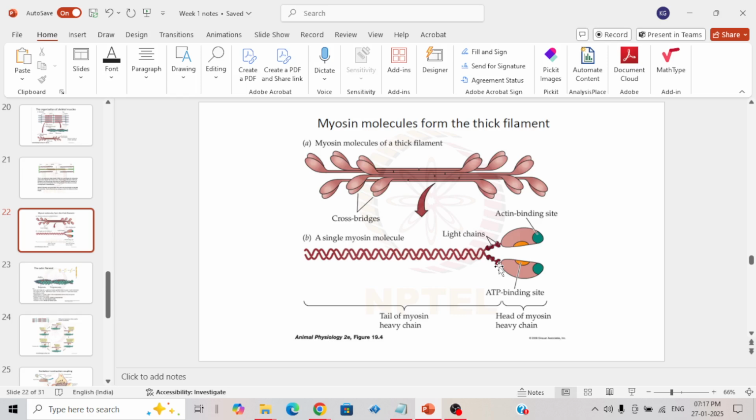There is some misunderstanding, because there is this ATP binding site, and sir also told about it, that in the myosin head, or we can say cross bridge, is present this ATP binding site, where the ATP actually binds, and it will further be degraded into ADP plus inorganic phosphate, and then the released energy will be used in the contraction of the muscle. Okay, you listen to the video once again. Okay, got it.